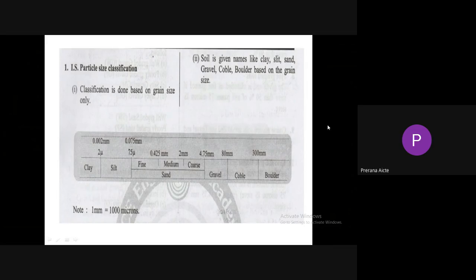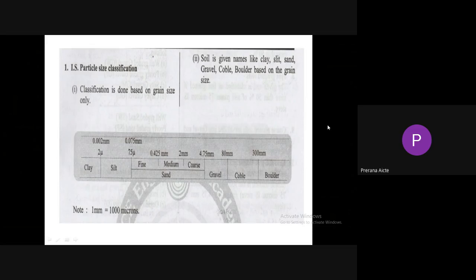Suppose the particle size is less than 2 microns, the soil is classified as clay or colloid. Sometimes it is called colloid because it is in Brownian motion when in water.